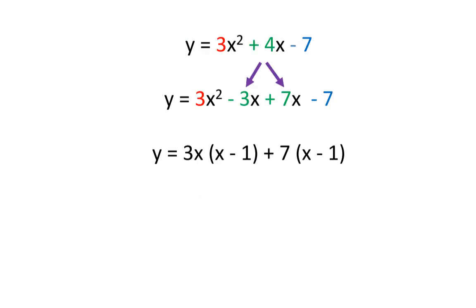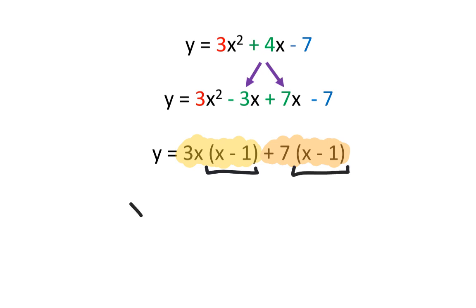At this point, I want you to think of everything highlighted in yellow belonging to one group and everything highlighted in orange belonging to another group. What does this group have in common with this group? You may have noticed that x minus 1 in brackets appears in both groups.